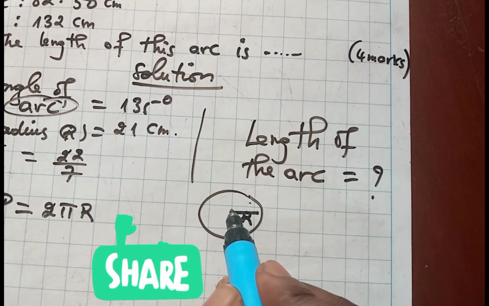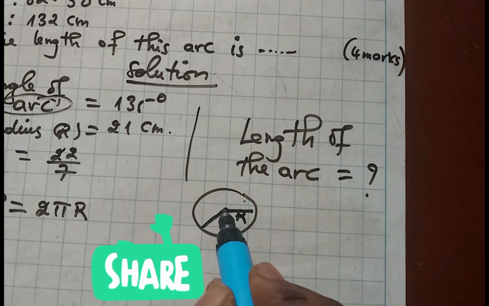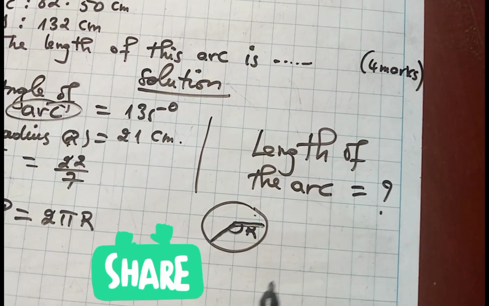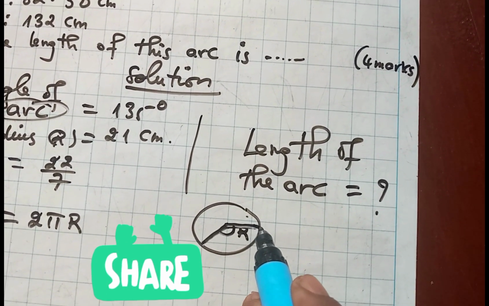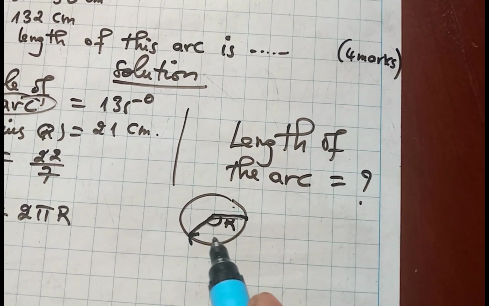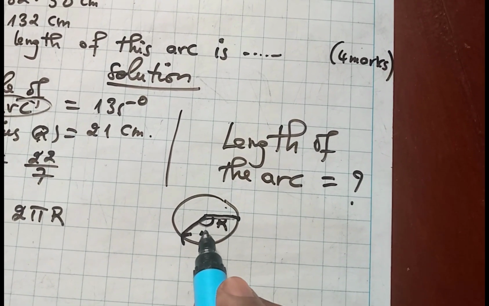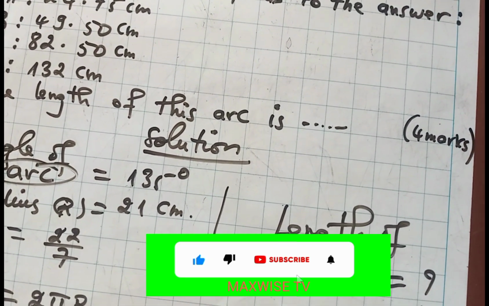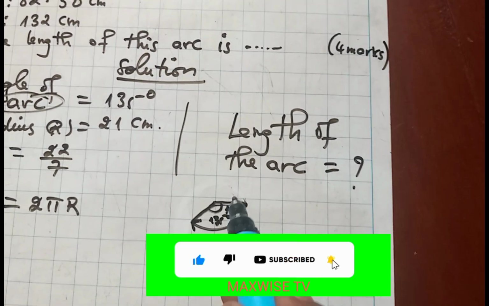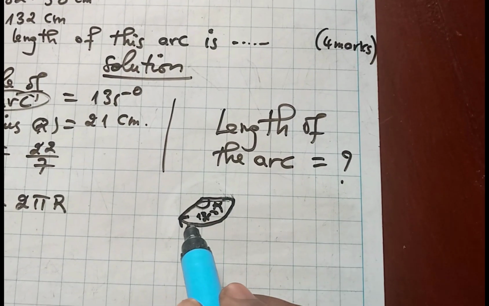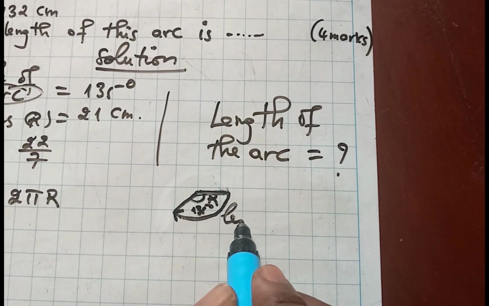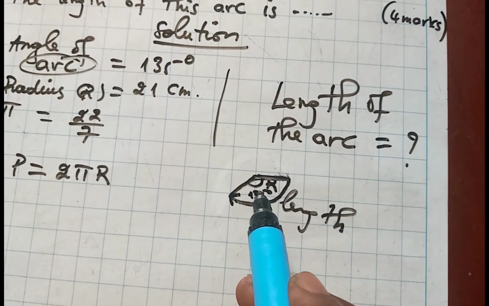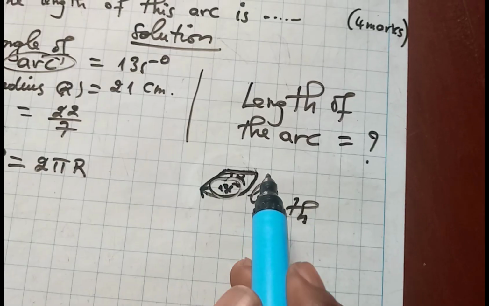Let us assume that this one is equal to 135 degrees, this angle. So this is the arc. From here to here is the arc of 135 degrees. So we need to find the length of this arc.